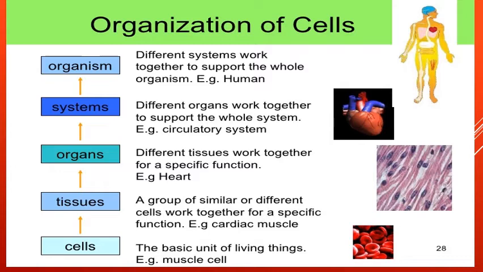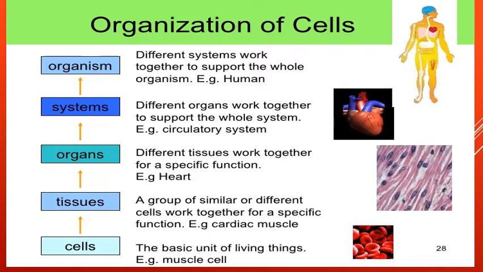That means as thousands and lakhs of bricks make up a building, in the same way trillions of cells, millions of cells make up the whole body. How does it make up an organism, how are the cells grouped together? Cells, when combined together to function for one specific reason, for one specific function, are called tissues.